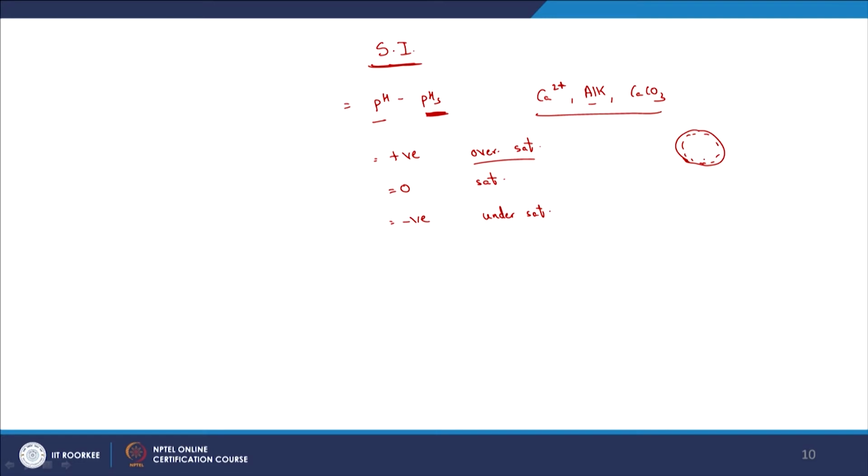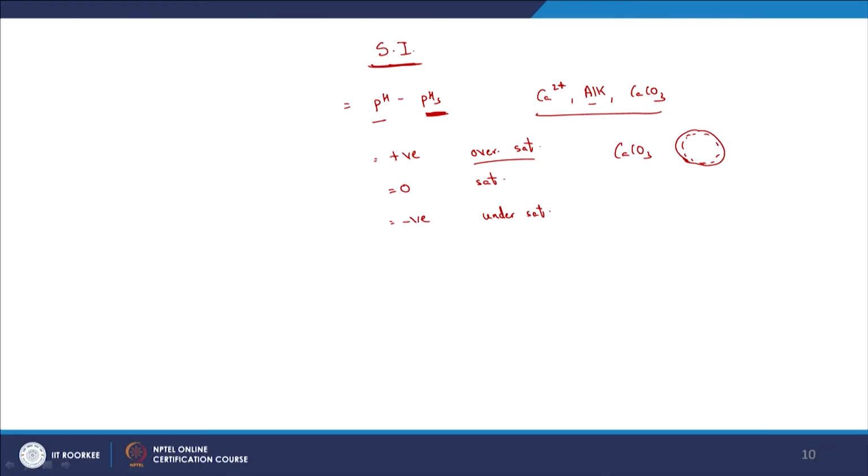If you maintain the pH at the right value, not too high, then you avoid blockage or a decrease in the effective cross sectional area. But when you maintain the pH at a sufficient value, which is oversaturated, you will have precipitation of CaCO3 on the surface of your pipe, and that will act as a protective film or cover. Anyway, that is one particular case when people try to maintain this particular pH.